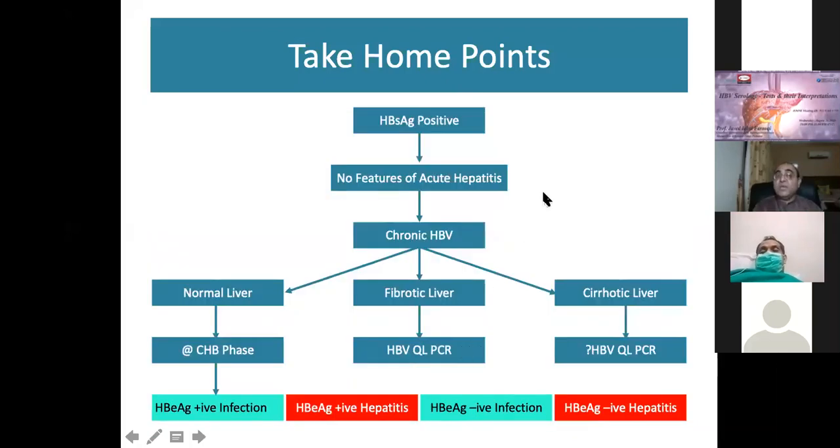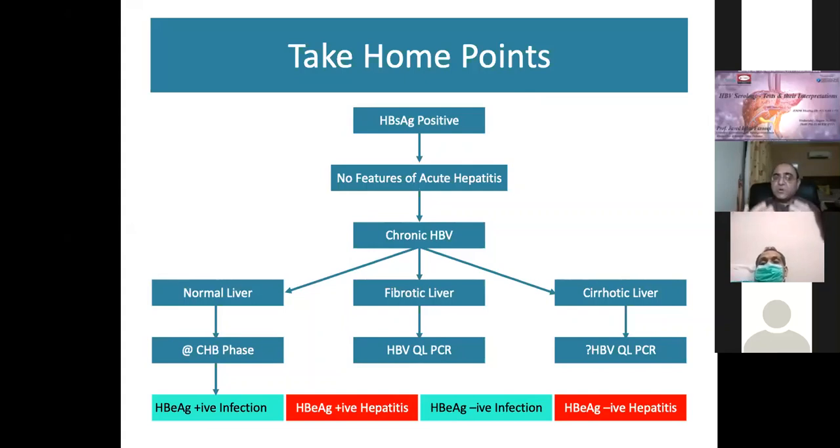Well, the take-home point is that when a patient who is HBs antigen positive comes to your hospital, to your clinic, to your outdoor, first of all, we look for the features of acute hepatitis, that is yellow sclera and yellow skin, the clinical features of acute hepatitis.